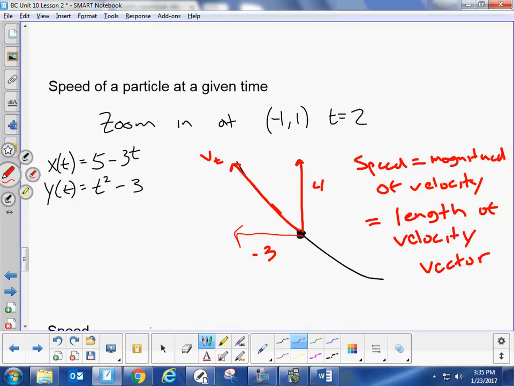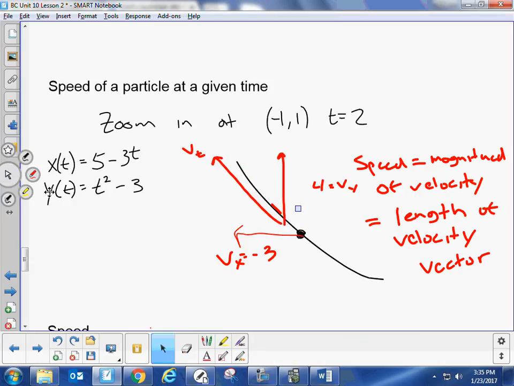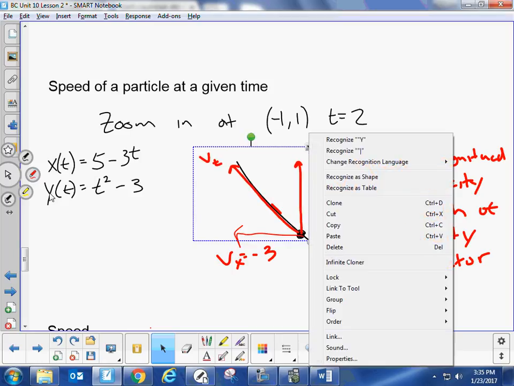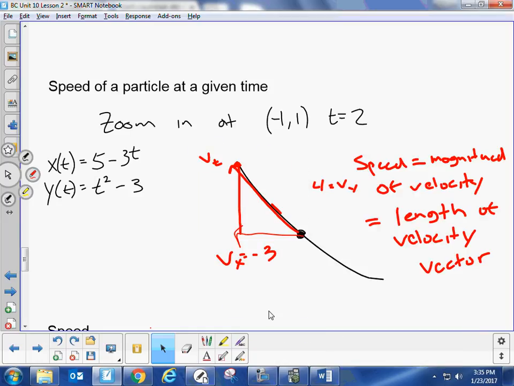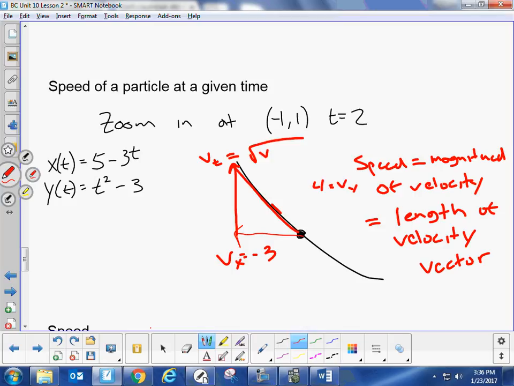Okay, this was our v sub x, this is our v sub y. We have numbers associated with v sub x and v sub y. I could take the v sub y, and after I ungroup it, slide it over here, and we will create a right triangle, where the v sub t will equal the square root of v sub x squared plus v sub y squared.